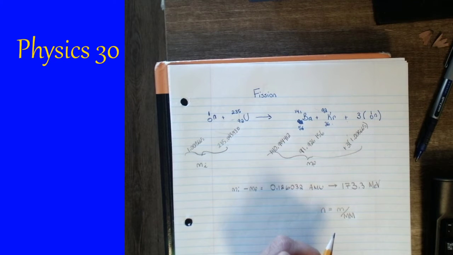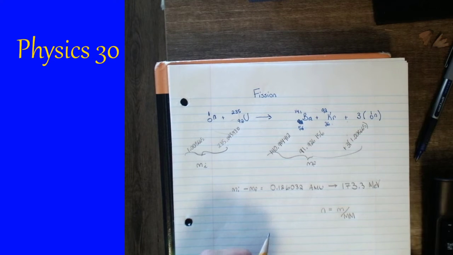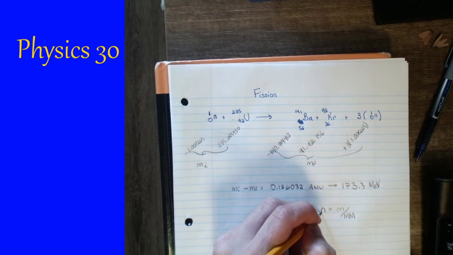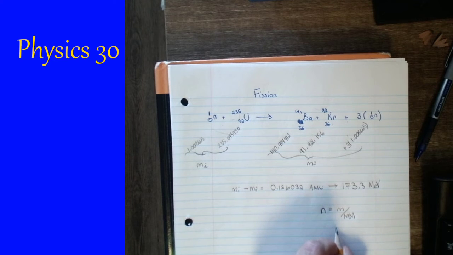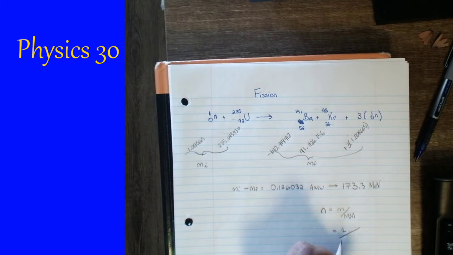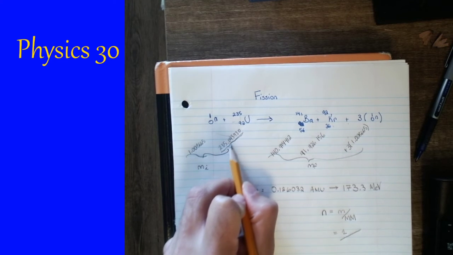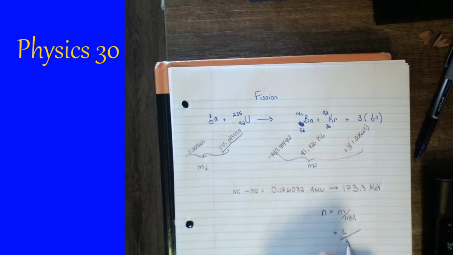So we're going to find out the number of moles. We're going to take 1 kilogram divided by the molar mass of this uranium-235, which is this number right here. That represents the molar mass.